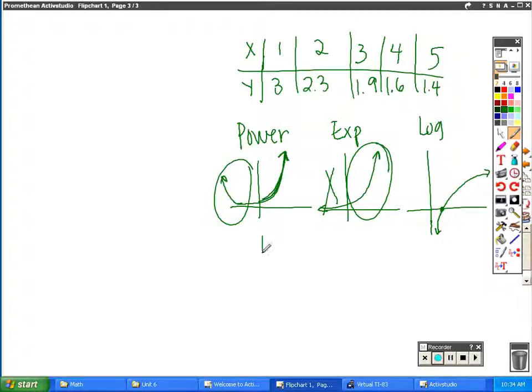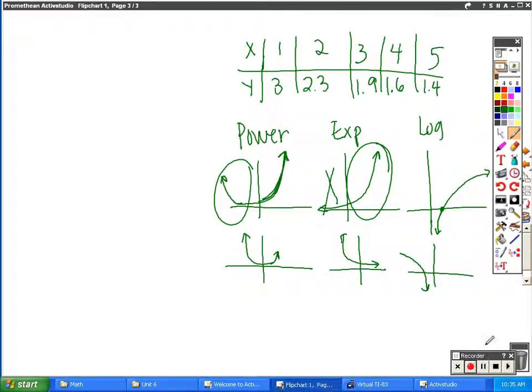Now, I'm going to do a couple of different reflections. If I did a reflection across the x-axis with this, it looks like this. This one would look like this. And this one would look like this. Now, in real life, we couldn't ever use a logarithmic function because we're not dealing with negatives. So I'm going to flip it across the x-axis.